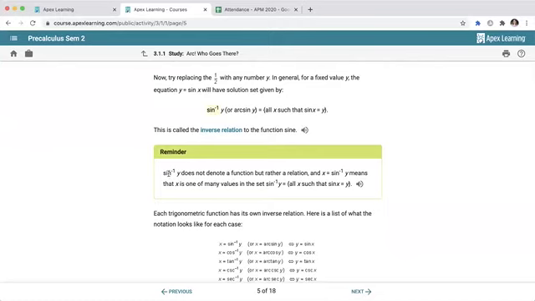And sine to the -1 of y does not denote a function, but rather it's a relation. It is a relation saying, if I solve this, this gives me every value of x that could possibly solve this equation.